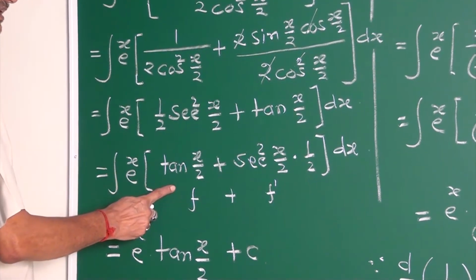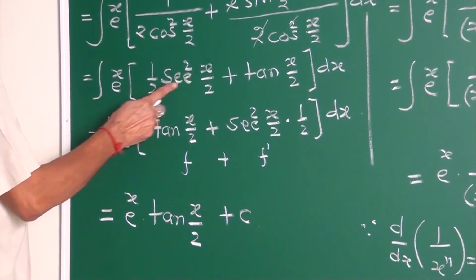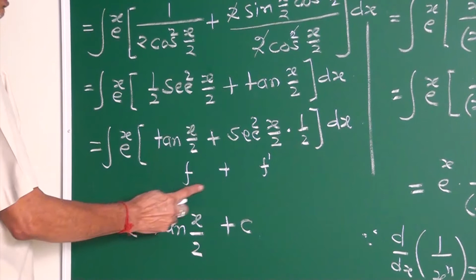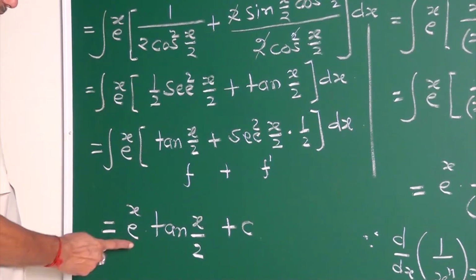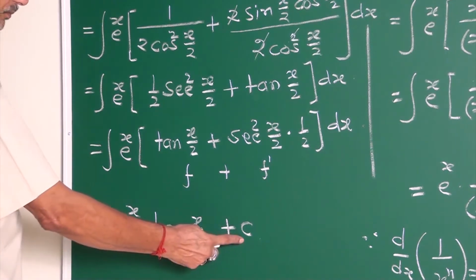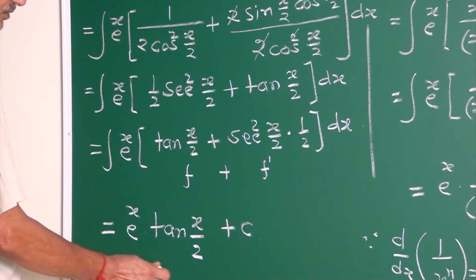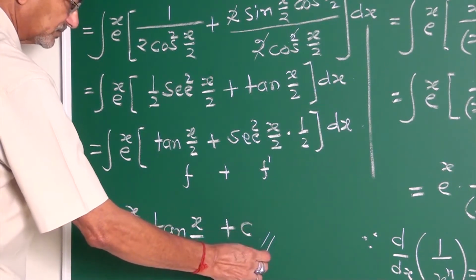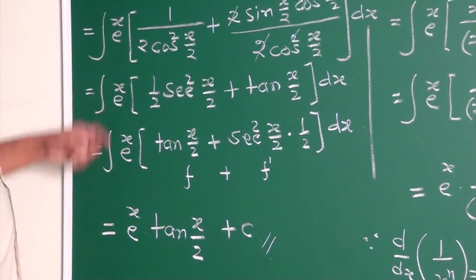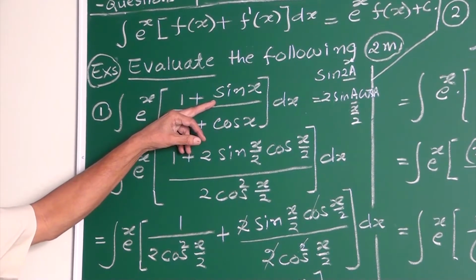So if this is f, this is nothing but f dash: sec square x by 2 into 1 by 2. F plus f dash. Then by this formula, the answer is e to the power x into tan x by 2 plus c. I will explain here once again. This is your example, half angle formula.